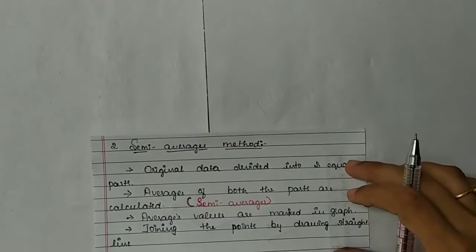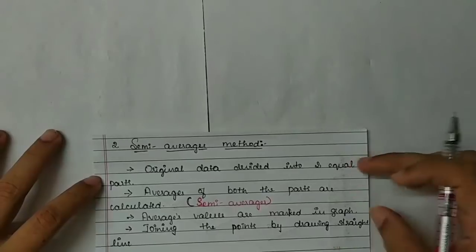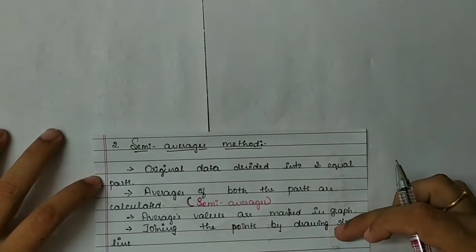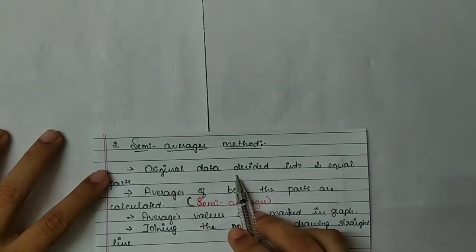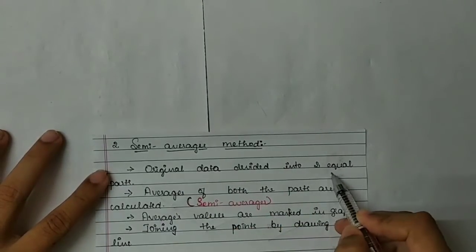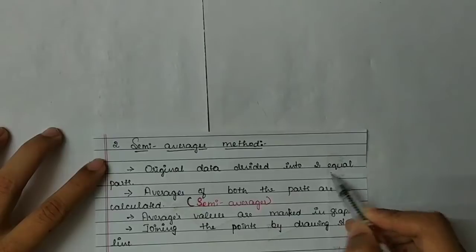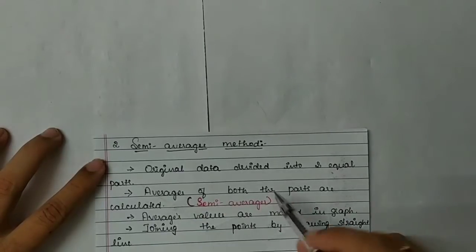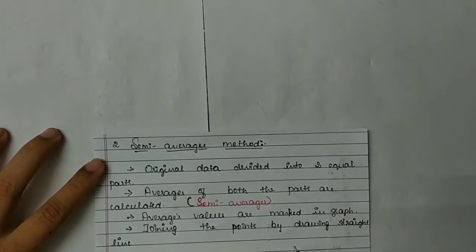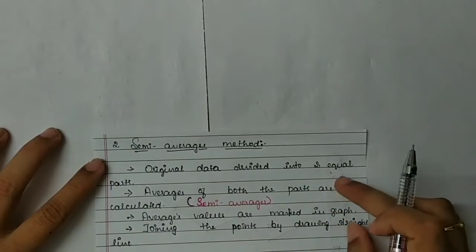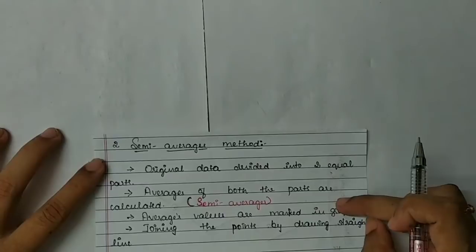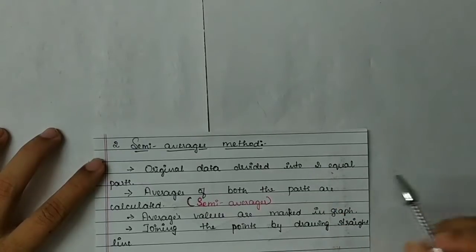In the semi-averages method, there are a few steps to be followed to solve the problem. The first step is the original data is divided into two equal parts. Second, averages of both the parts are calculated. Its average will be taken and it is called semi-averages.